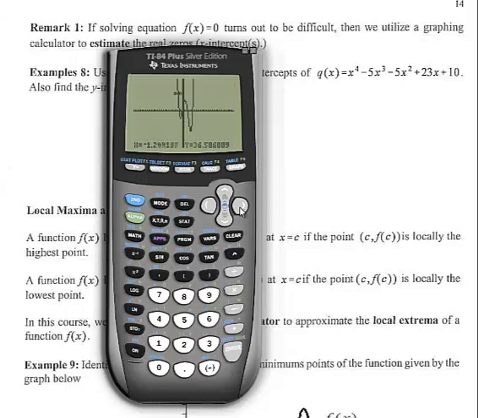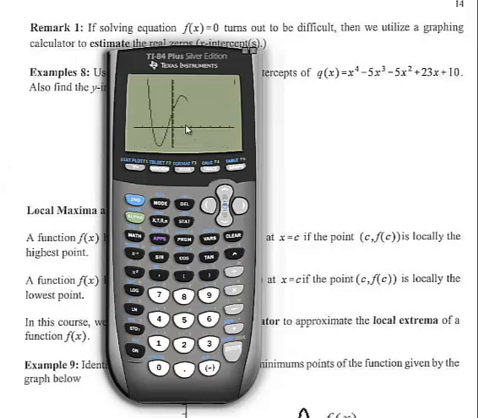That's one of my zeros, and I'll extend out past the far right of this curve and go down, and I don't need this dip here. I'm not looking for the minimum, and I'll hit enter.